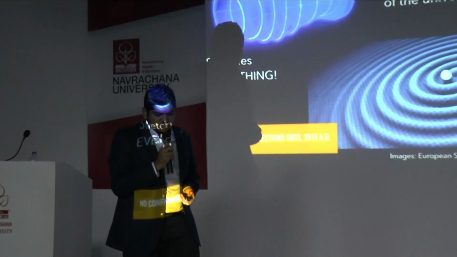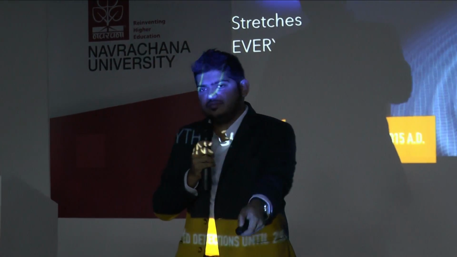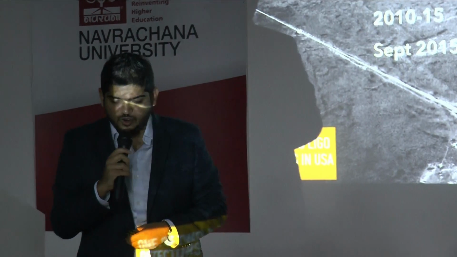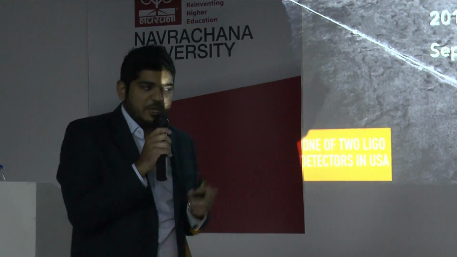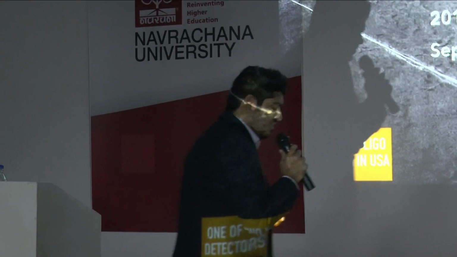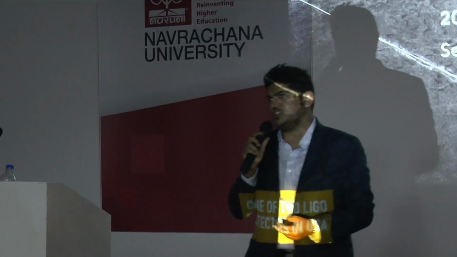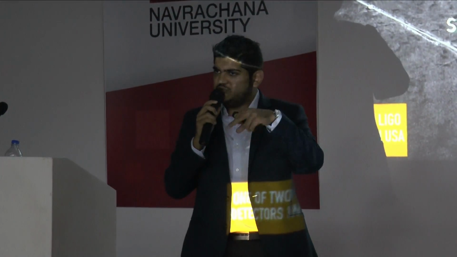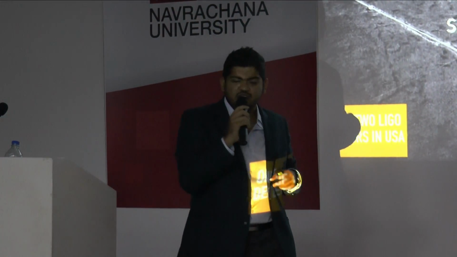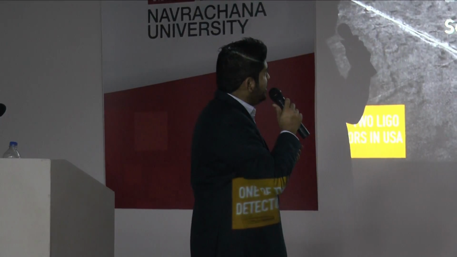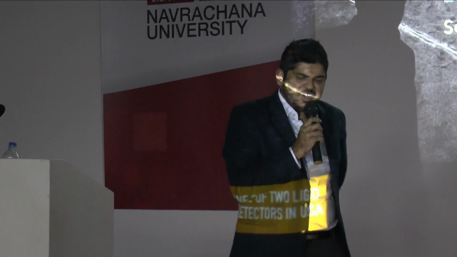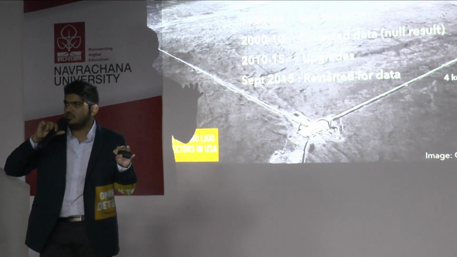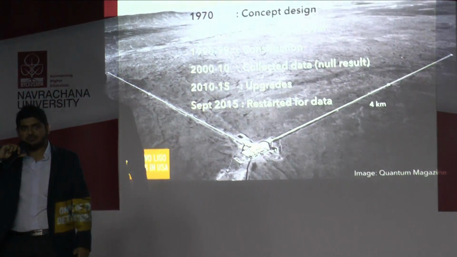And that is when in 1970, a group of few crazy physicists came up with an idea. Okay, gravitational waves, let's say they exist in the universe, they come from a system like the sun, or two black holes revolving around each other. And in 1970 they made a concept design that we build a 4x4 kilometer vacuum chamber.